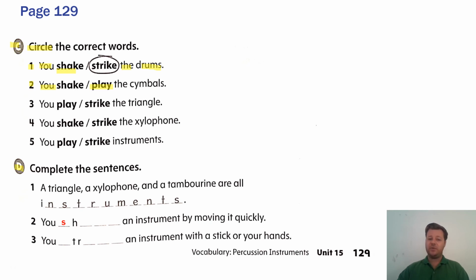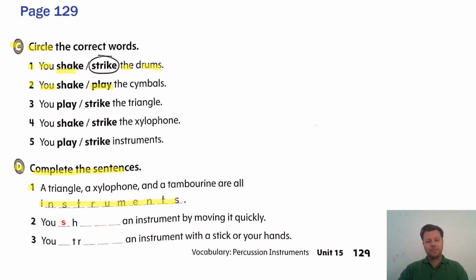Question D, very easy. They are asking you to complete the sentences. Question A, a triangle, a xylophone, and a tambourine. So those are 3. What are they? They are all instruments. Instruments. 2.